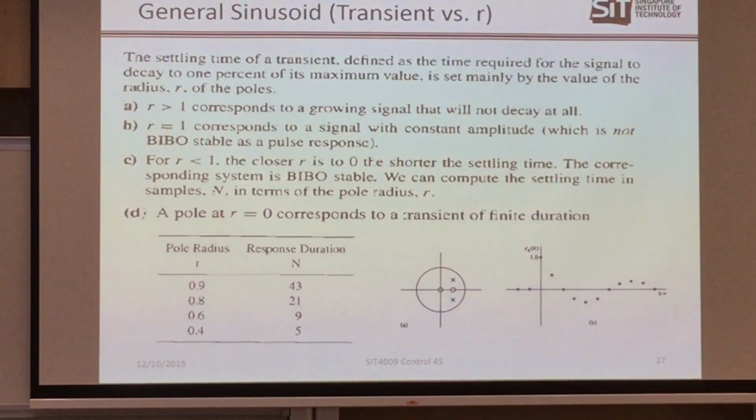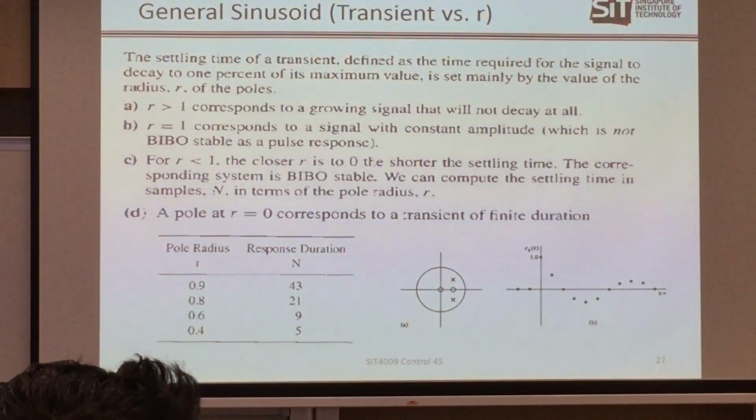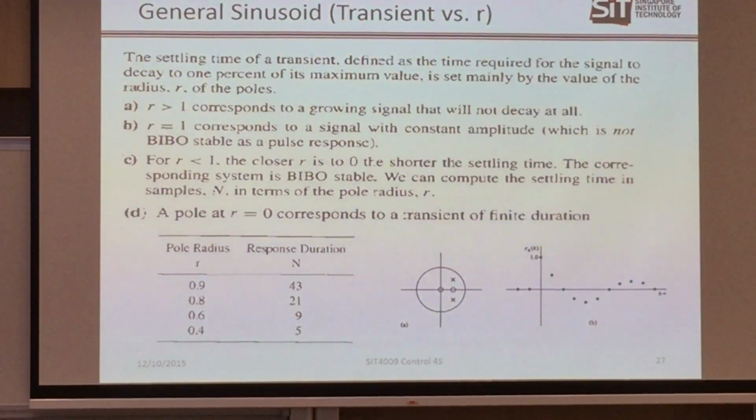And really pay attention: for this critical case, if you look at external stability, it will be unstable. Because if you do the summation of all the impulse responses, remember, if your input is an impulse, your output signal is just your transfer function.